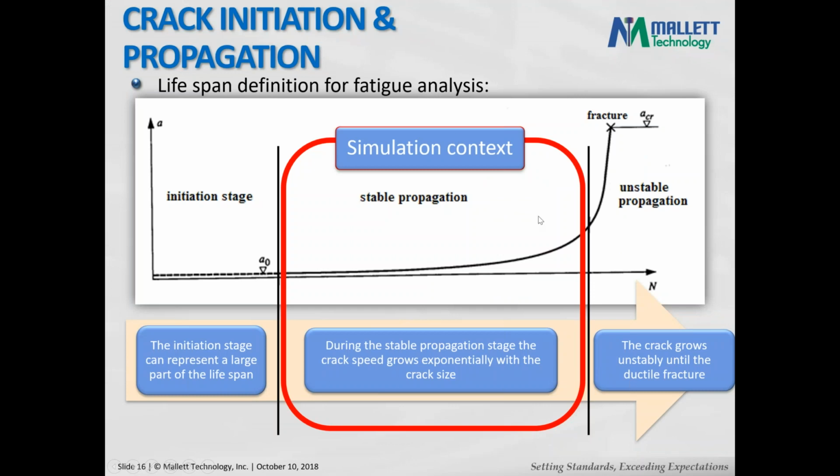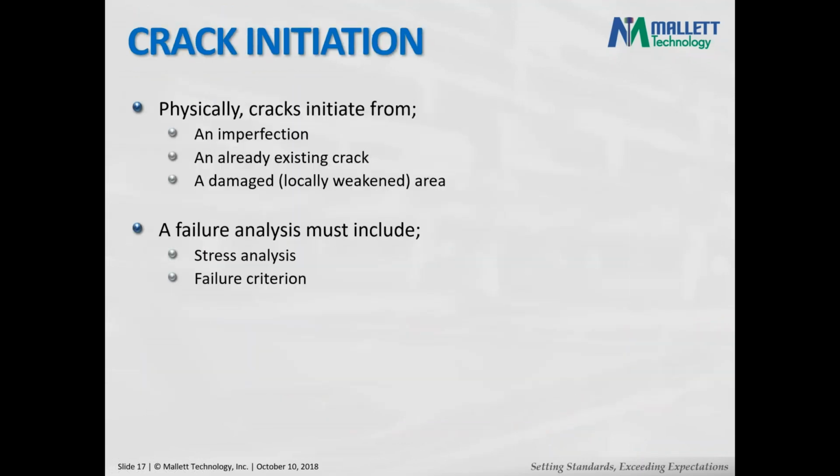So what I'd like to talk about is how we set up these cracks. The simulation context here is what that animation is showing, in this stable propagation region. Cracks initiate from an imperfection. They can initiate from an already existing crack, and they can initiate from a damaged area.